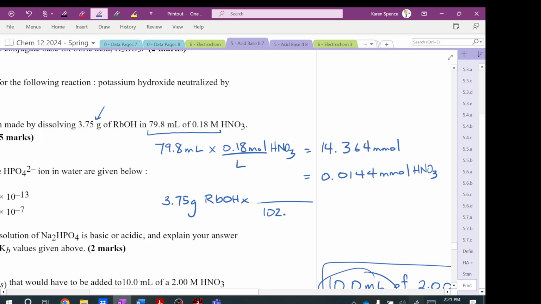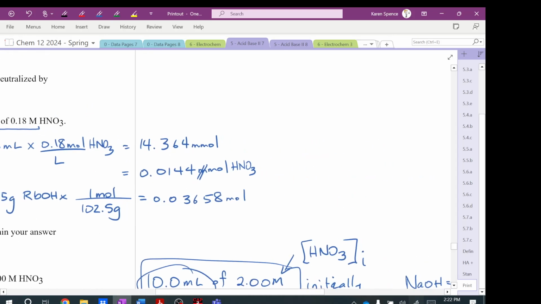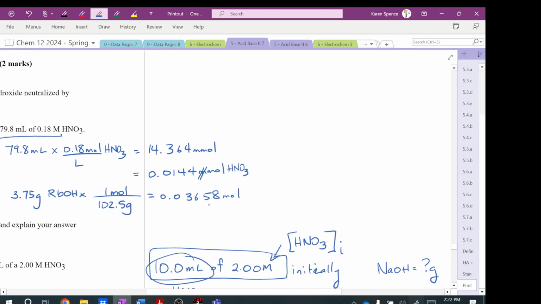So 102.5 grams per 1 mole gives 0.03658 moles. Oh, that's not millimoles, that's moles. Or I could make this one into millimoles, which would be nicer, wouldn't it? They're nicer numbers. What do you guys want to do? Moles or millimoles? Moles? Okay.